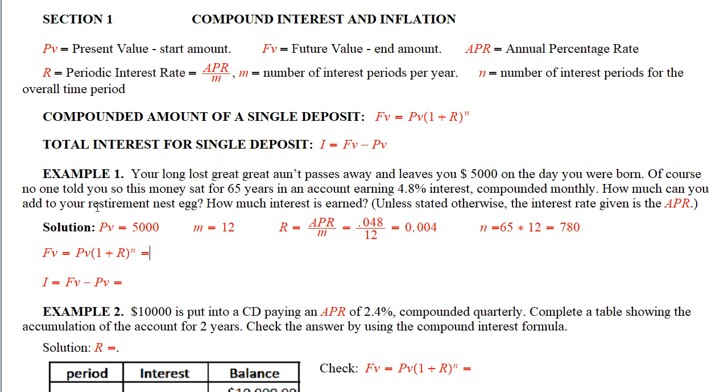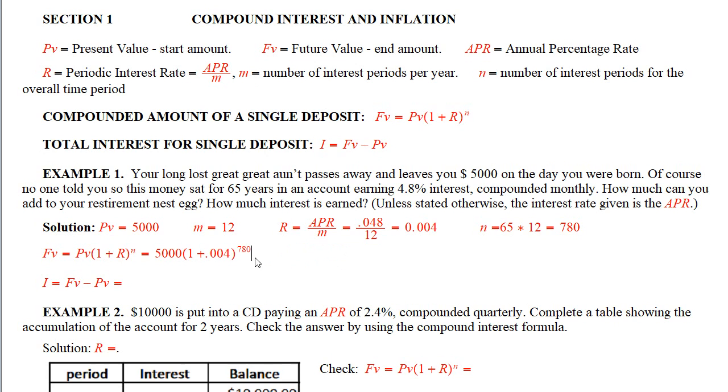So our present value is the 5,000, and then we're going to multiply by 1 plus our periodic rate, 0.004, and our exponent is the 780 here. And we'll compute that. Let's get some more decimal places here.